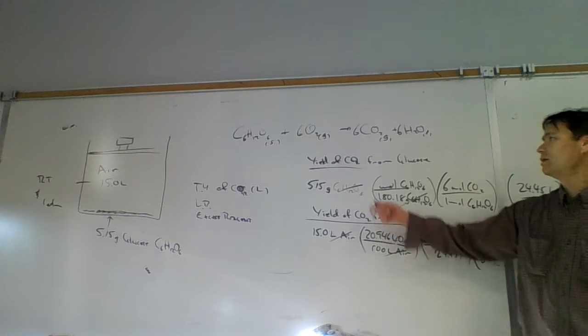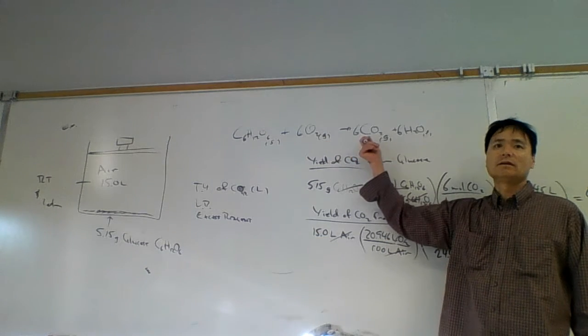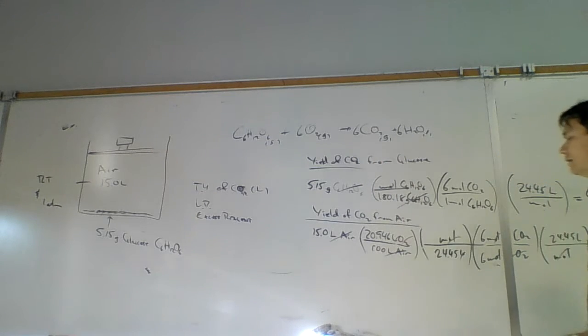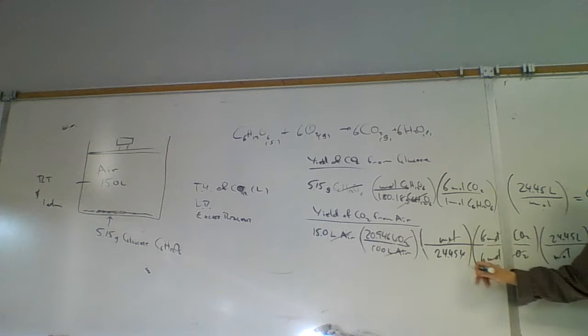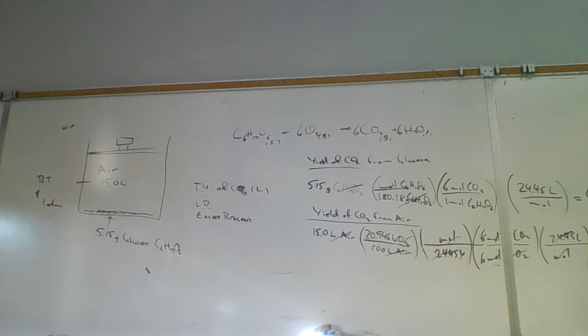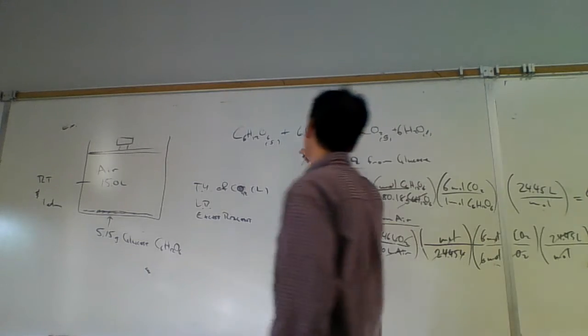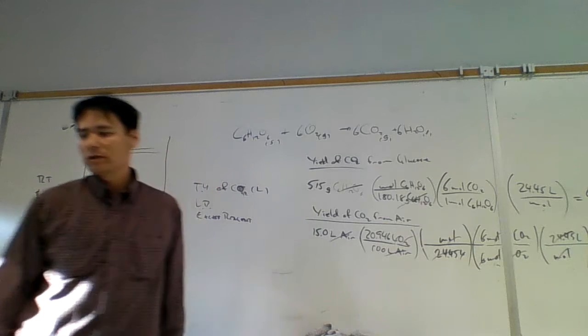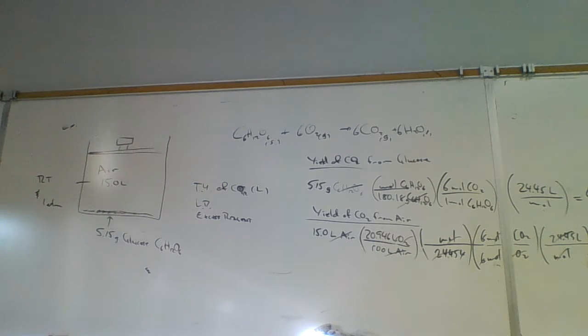For every liter of O2, I produce the same in CO2. The 6 cancels, the 24.45 cancels, and so the number of liters of O2 will be the same as the number of liters of CO2. This is a 1-to-1 mole ratio, and it's a 1-to-1 volume ratio as long as the pressure and temperature are the same.